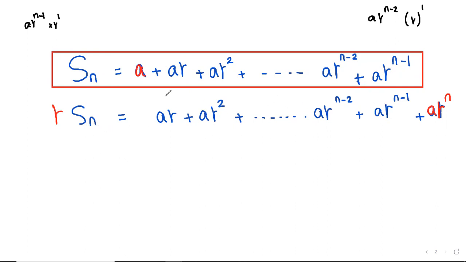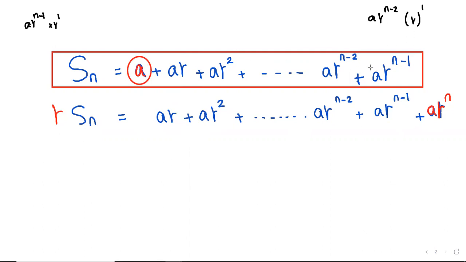What I want you to focus on is the first term here, which is a, and the first term here is ar. Okay? They are not the same. But all terms after a, like this term ar, are repeated in both of them.